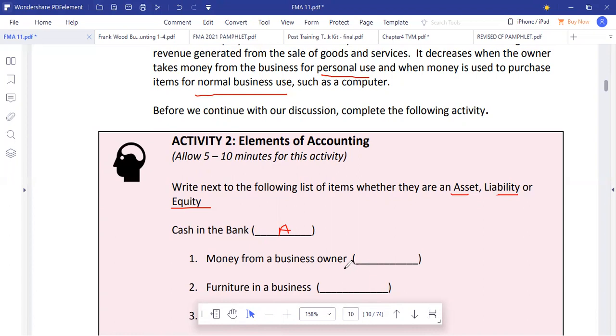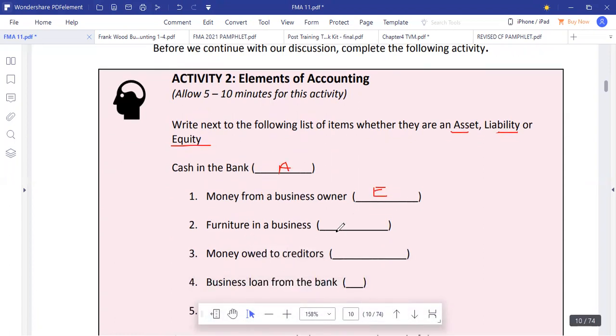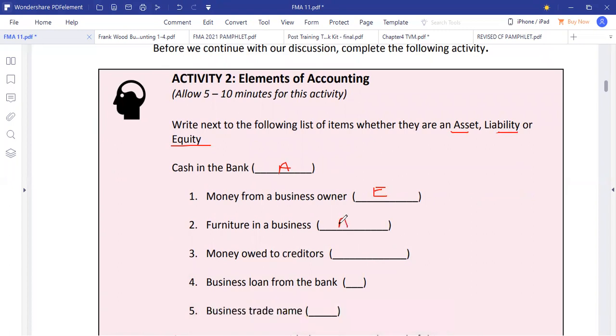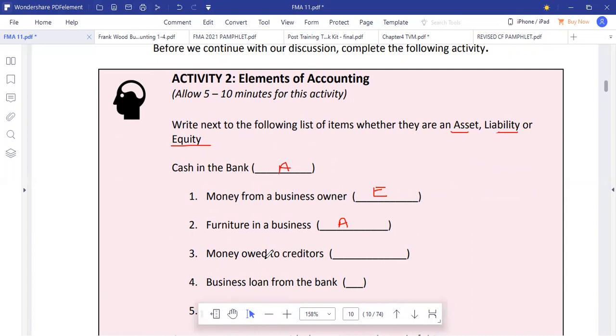What is this? Equity. Furniture in a business. Asset. Money owed to creditors. Liability. Business loan from the bank. Liability.